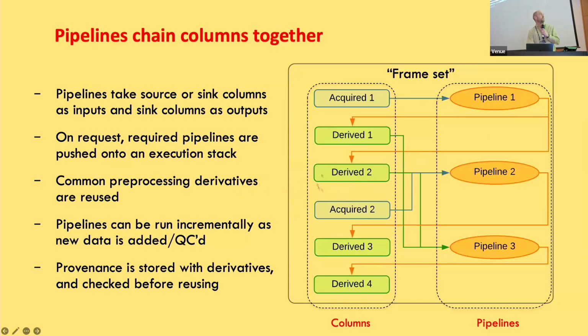And particularly as a lot of these steps need manual QC, having them all in the central place where they could be QC'd once and then automatically picked up is important. And then provenance gets stored alongside the derivatives and gets checked to make sure that the parameters that you select match up with the parameters that were used to create those previous derivatives.